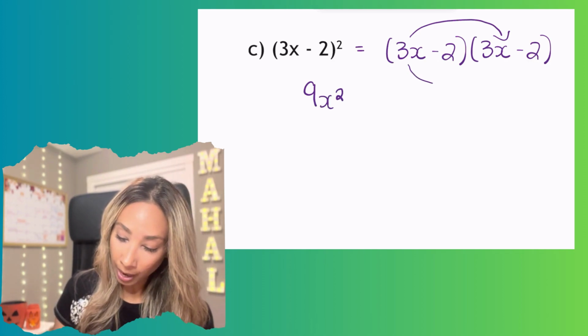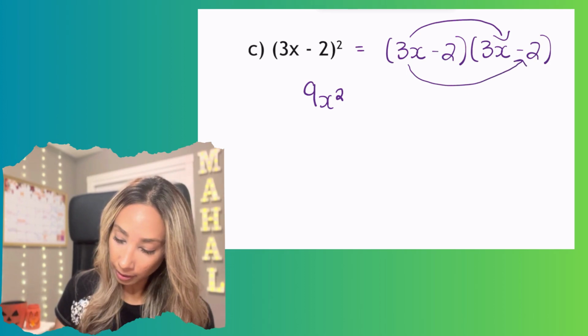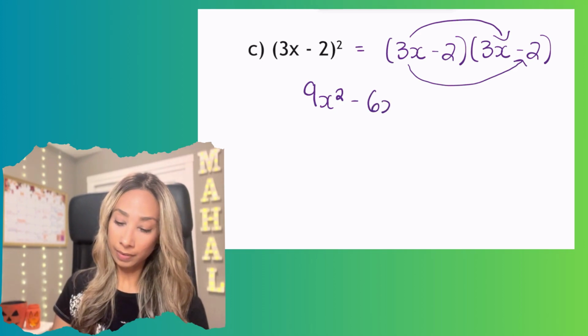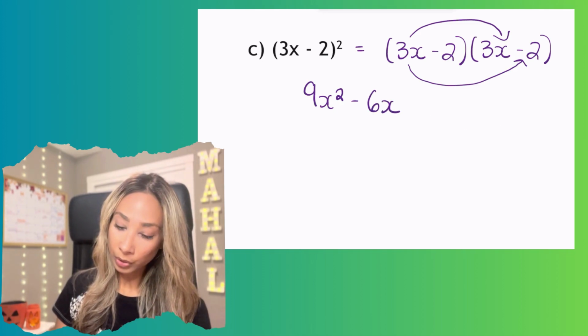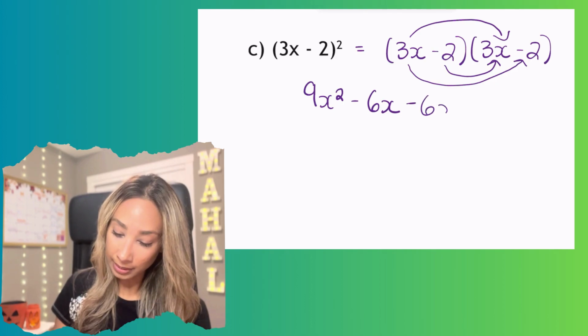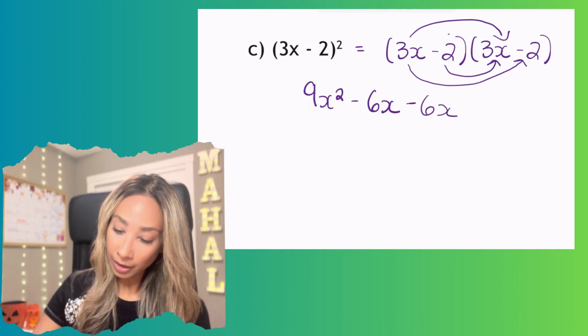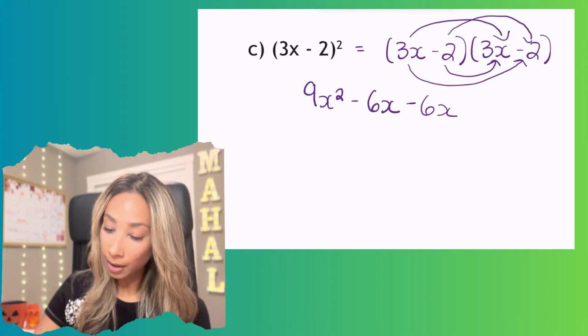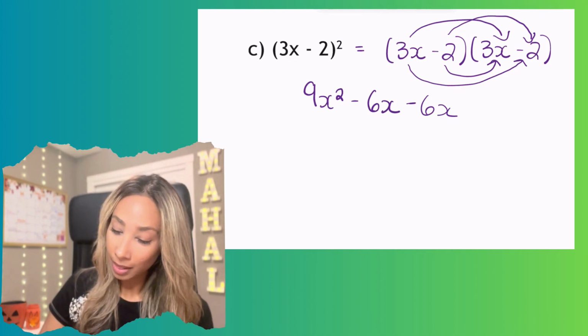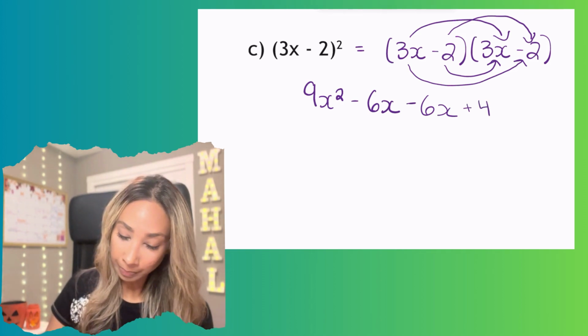Then we're going to do our outside, so 3x times negative 2, that's going to get me negative 6x. We'll look at our insides, negative 2 times 3x, that's going to get me negative 6x again. And finally, our last is negative 2 times negative 2. So a negative times a negative is a positive. That's going to get me to positive 4.